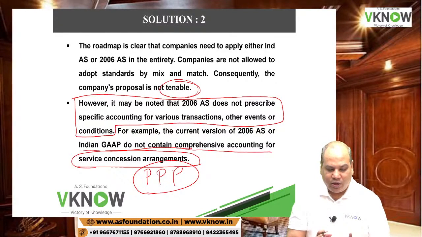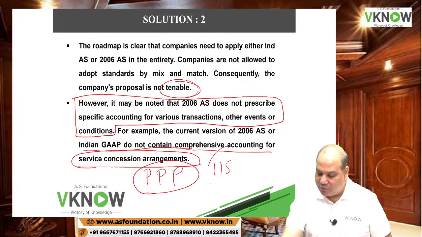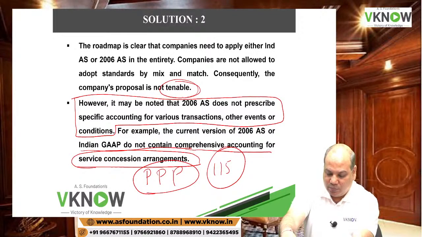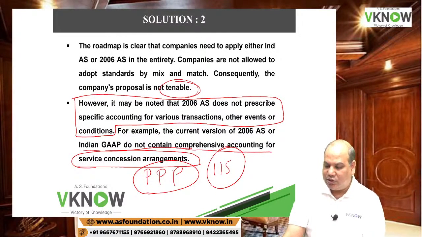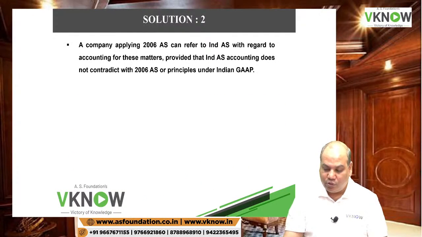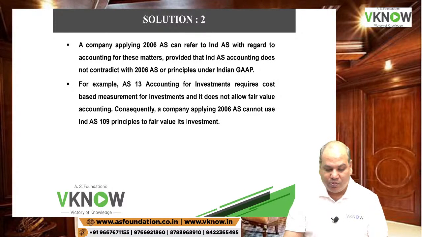Do you have any accounting standard or guidance note dealing in detail, comprehensively, with such arrangements? The answer is no, but Ind AS 115 comprehensively deals with service concession arrangements of different types. Therefore, for service concession arrangements you can follow it. But what about the investment?